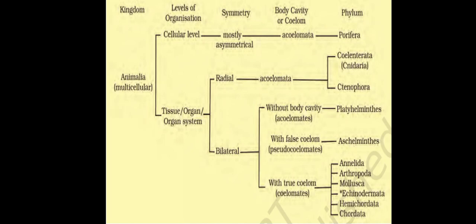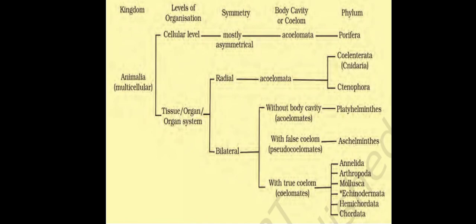Next feature is symmetry. Animals of Phylum Porifera are mostly asymmetrical. Phylum Cnidaria and Ctenophora have radial symmetry, and other phyla like Platyhelminthes, Aschelminthes, Annelida, Arthropoda, etc. have bilateral symmetry.